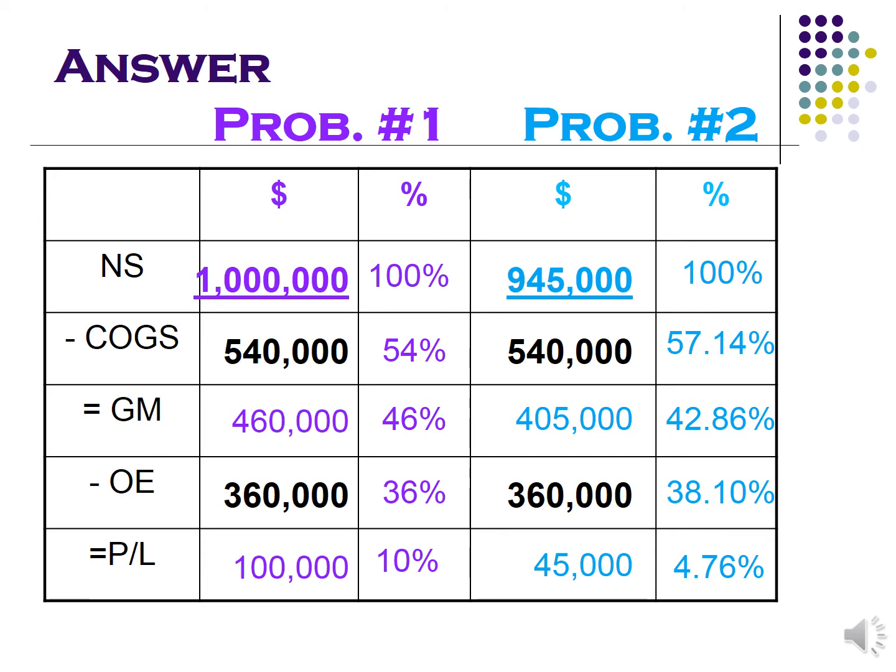In terms of the percentages, the cost of goods sold percent and operating expenses percent have increased, whereas the gross margin and profit percents have decreased. So you can see what impact the reduction of net sales has on all the other percentage numbers. But net sales percent stays the same because net sales are always 100%.